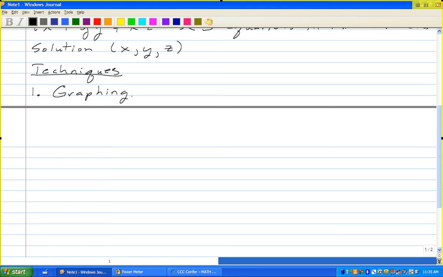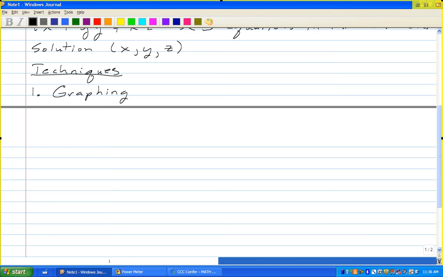Well, in two simultaneous linear equations with two variables, it was really not a very good technique. Graphing, it was rather difficult to usually tell where things intersected. With three equations, or maybe four equations, or whatever, it's going to be much, much more difficult. As a matter of fact, nearly impossible to see where these actually intersect.